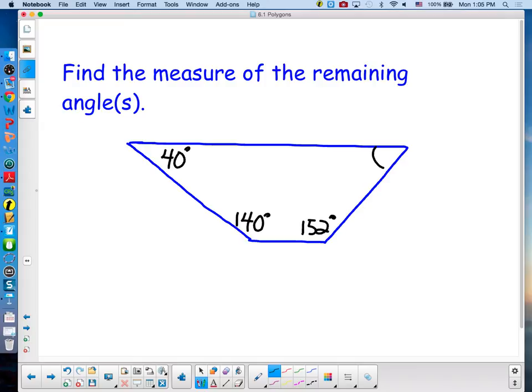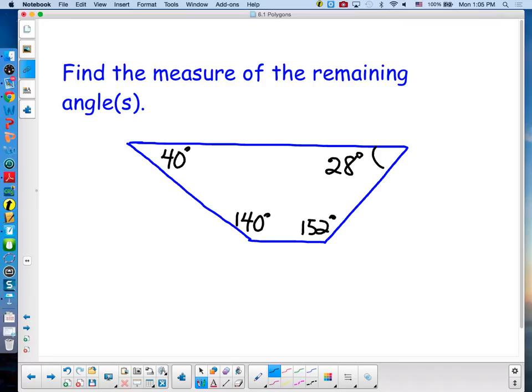Show me. Those look good. 28 degrees. Okay, 28 degrees for that one.